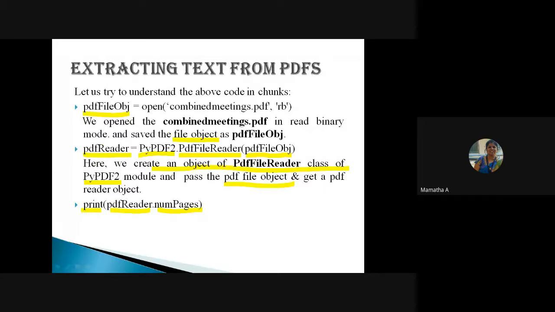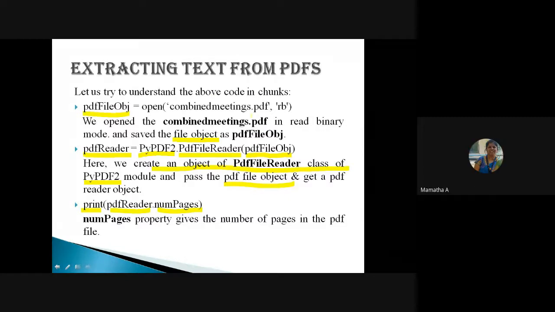So this PDF reader is associated with the PDF file object, and the PDF file object is associated with the combined meeting file. See the link, how it goes. In our PDF, how many pages were there? Did you all observe how many pages when I opened this file? 40.